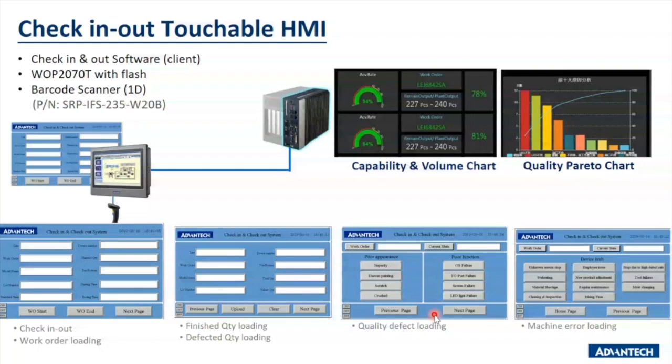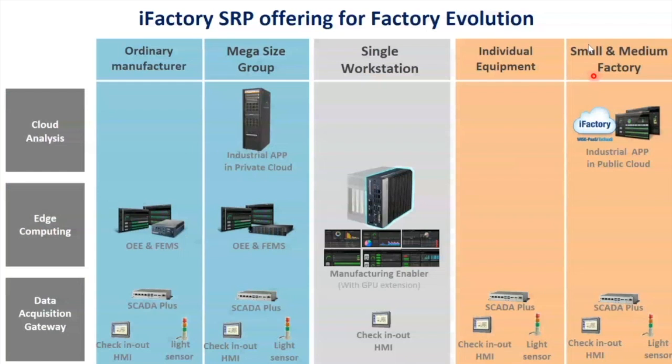Okay, so now we have moved to the iFactory SRP offering for our factory evolution. Just now, we already shared with you how our data acquisition gateway can help you. We have the check-in check-out system, the light sensor, our SCADA plus notification system.